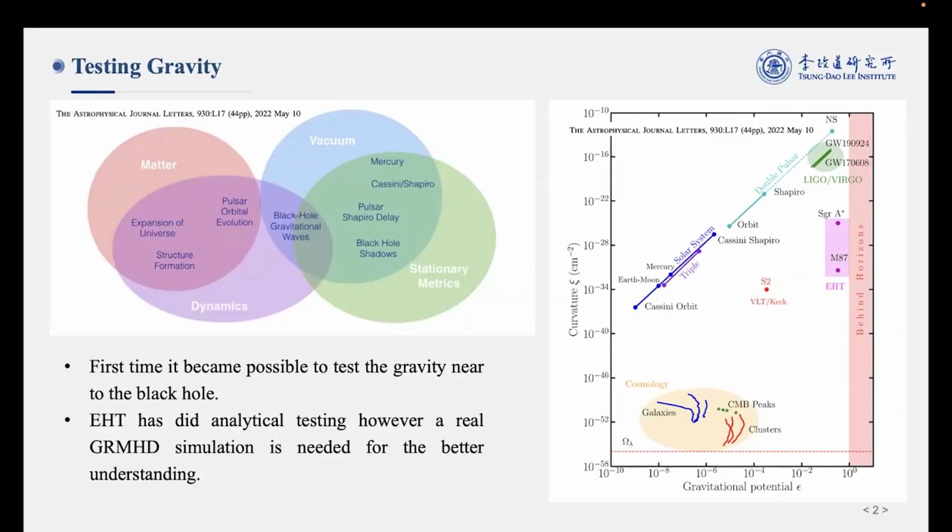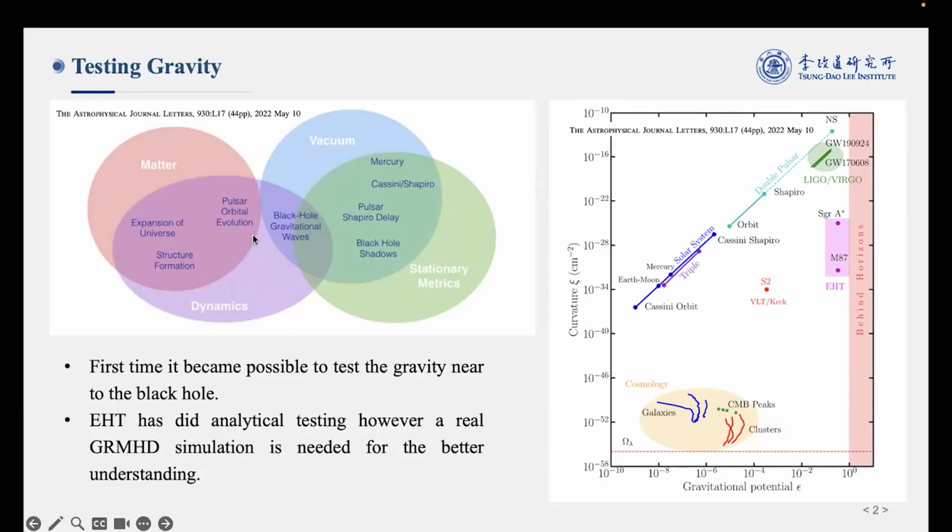Some of these observations are very sensitive to the dynamics and propagating mode of the gravitational field, like gravitational waves, pulsar orbits, and cosmological tests. On the other hand, an observation like the black hole shadow is only sensitive to the stationary metric information.